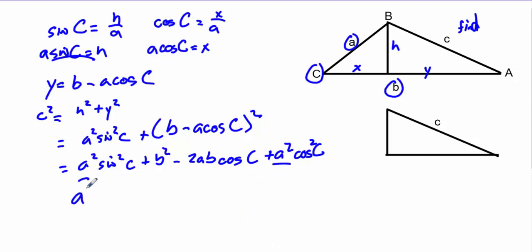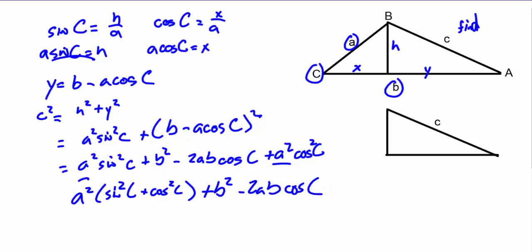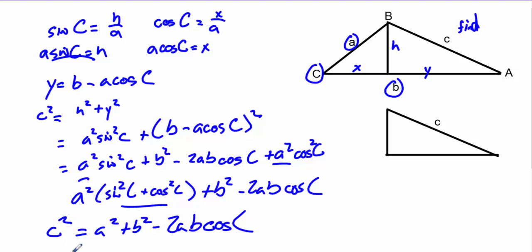So this is a squared times sine squared C plus cosine squared C, plus b squared minus 2ab cosine C. Notice this is 1, so I have a squared plus b squared minus 2ab cosine C. And you may think, so what?